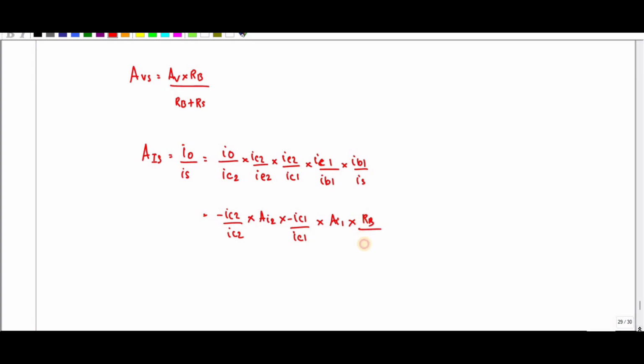So you substitute RB divided by RB plus HIE1. On solving, the two minus signs get cancelled out, so I get AIS equal to AI2 into AI1 into RB divided by RB plus HIE1.